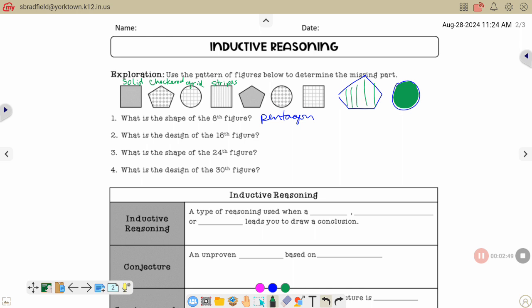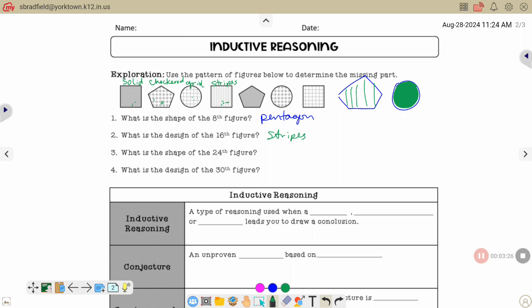Stripes. Look. So 1, 2, 3, 4, 5, 6, 7, 8, 9, 10, 11, 12, 13, 14, 15, 16. We should be back at stripes. Another way to tell is that 16 is divisible by 4, isn't it? And it's in chunks of 4. So if we just divide 16 by 4, that ended up evenly, we should be at the last one.